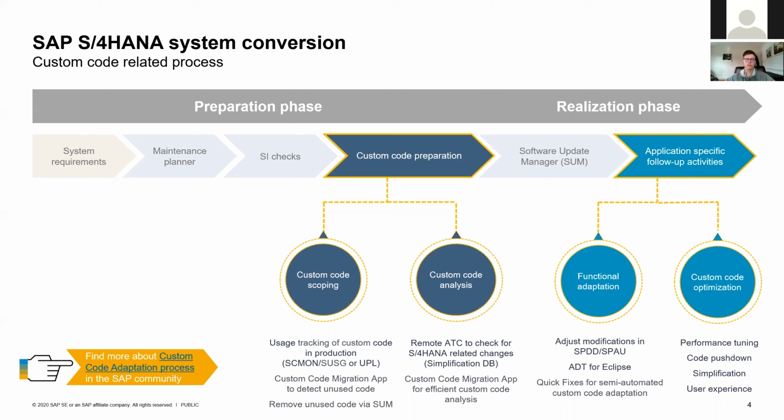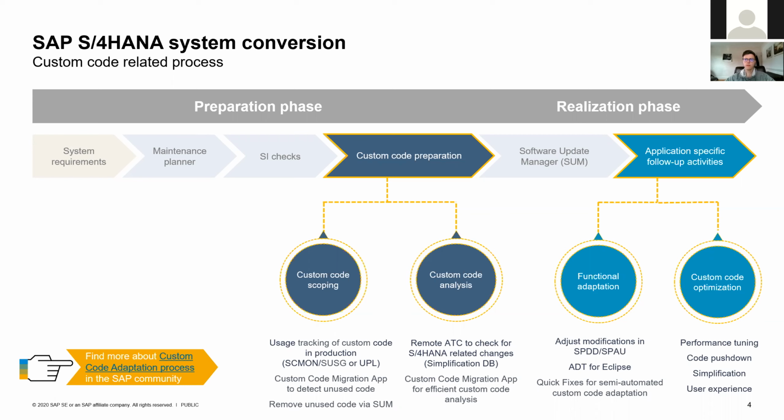You can use this transaction directly in your ERP system. Then, after you have collected usage data, you can upload it to the custom code migration app. The custom code migration app is the tool of choice in the custom code adaptation process for analysis and for the scoping of custom code for SAP S/4HANA.